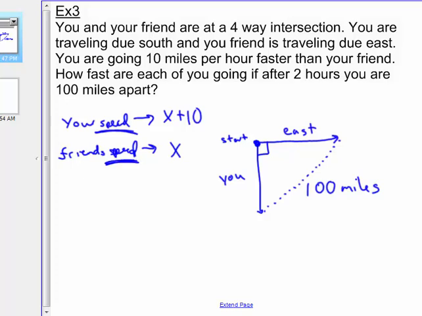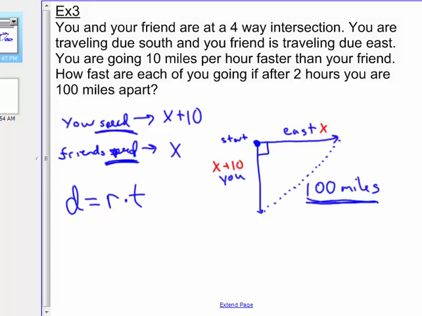Now, typically when we do this, we see, okay, so you are x plus 10, your friend is x. But the issue we have is the distance that there's 100 miles. Well, x and x plus 10 are not distances. So I have to find the distance traveled.